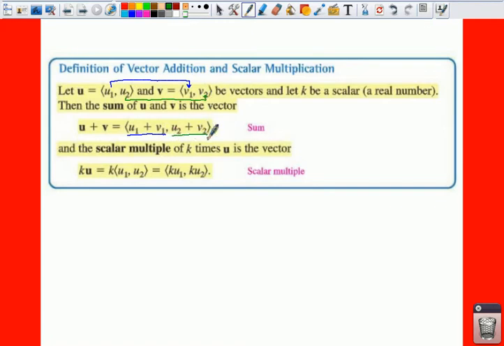That gives you the answer over here. That gives you your sum. Now if you are multiplying a scalar multiple, k times u, then what you do is you have to take k times both of these components. Notice you have a k u sub 1 and a k u sub 2.